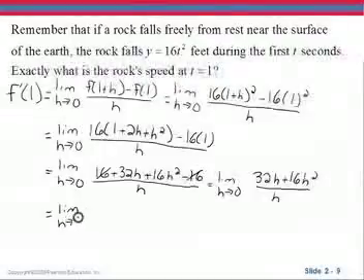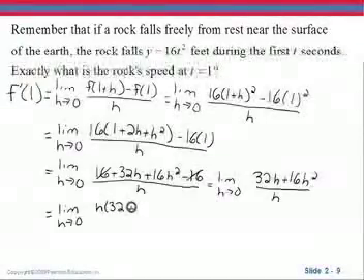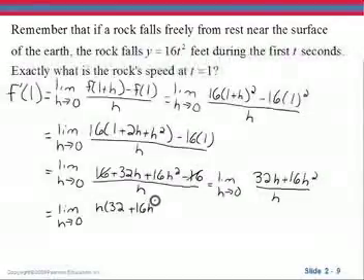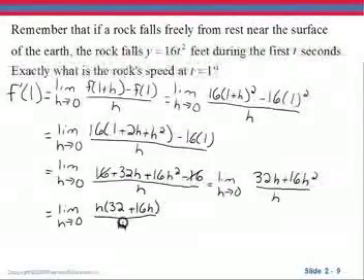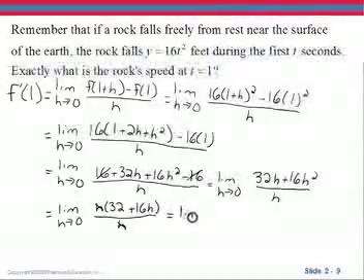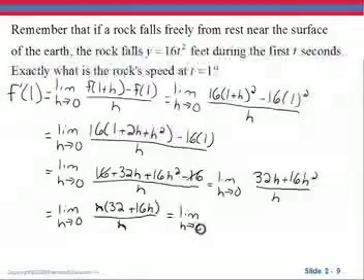We have the limit as h approaches 0, and in the numerator we can factor out an h. h times 32 is 32h, and h times 16h is 16h squared. By doing this, we can then cancel our h's, and we're left with the limit as h approaches 0 of 32 plus 16h.